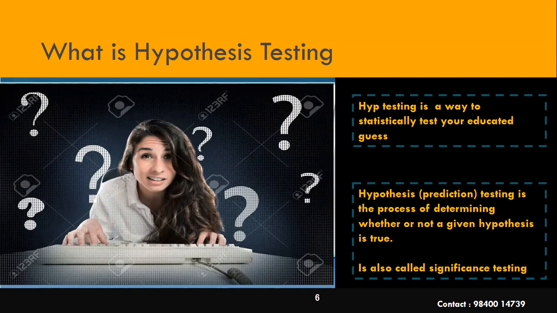Basically, we want to test whether a claim made by someone is correct or not. Supposing you want to buy a brand new Mahindra XUV vehicle, or you want to buy an MG Hector car. You are so fascinated about the design and the outlook of the car, you want to buy it, but you want to check how much mileage it gives.